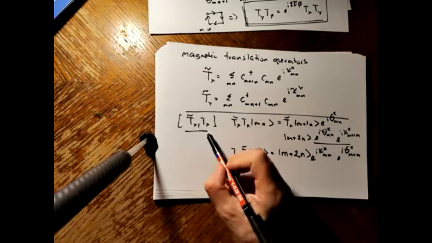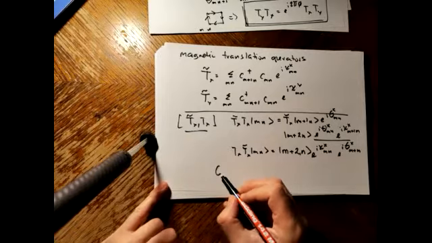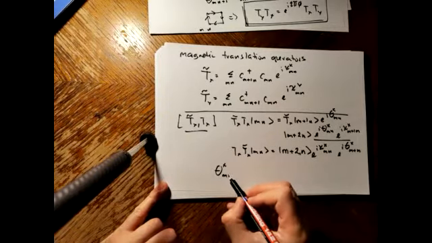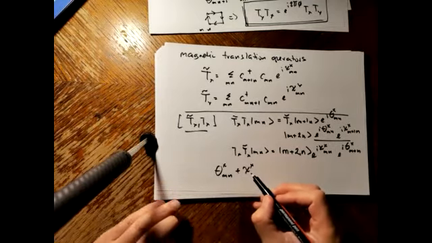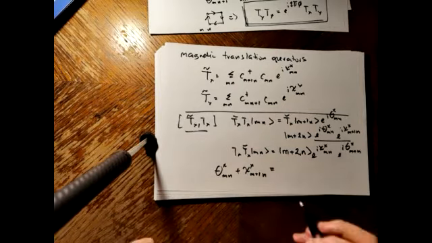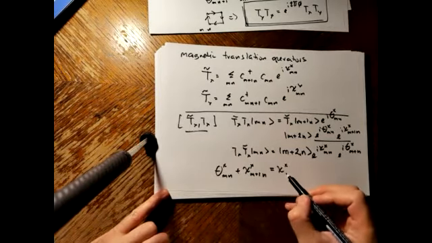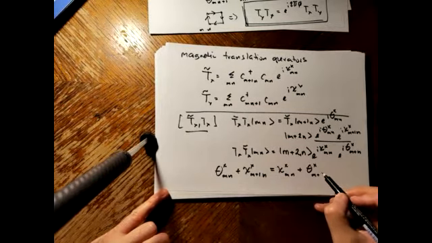Now, in order for these to commute, it's obvious that what has to hold is that θx(m,n) plus χx(m+1,n) has to equal χx(m,n) plus θx(m+1,n).